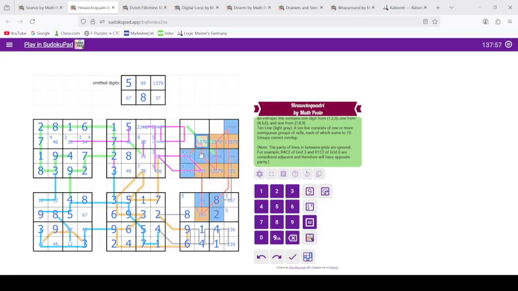If this is a 3, this is 8 or 9. So is that. That'd be an 8, that'd be a 9. That'd be an 8 or a 9.